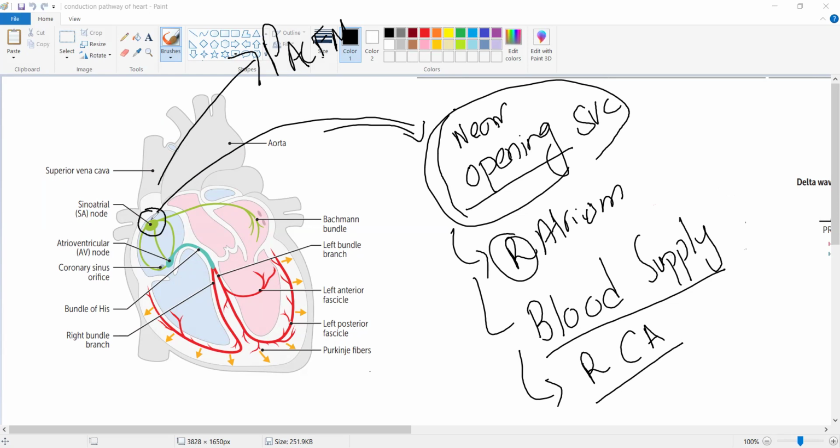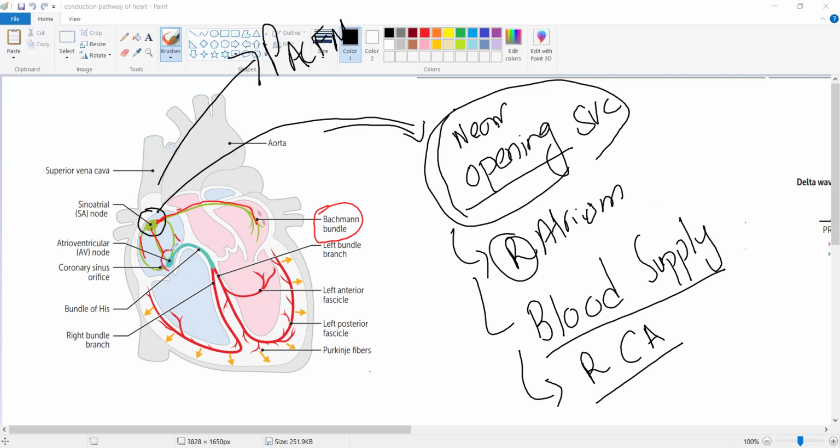From the SA node, the impulses travel from the right atrium to the left atrium through the Bachmann bundle. There are also other pathways that transmit the impulses from the SA node to the AV node.